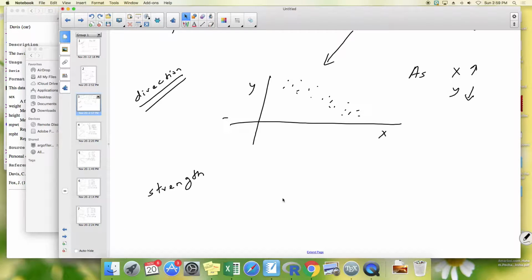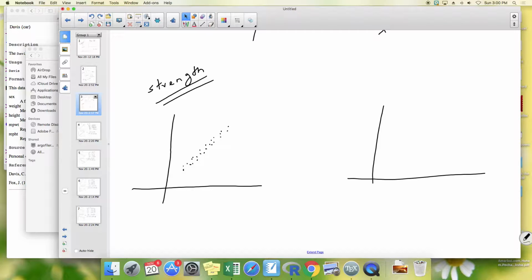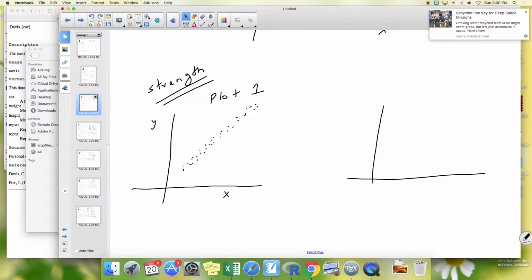For that, let me put two things side by side. Call this plot 1, and call this plot 2.